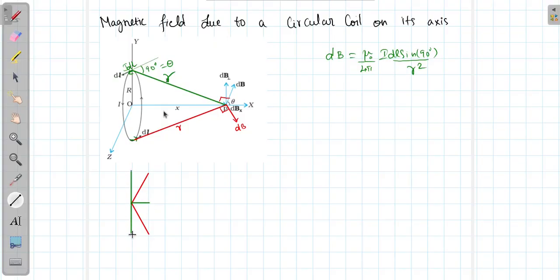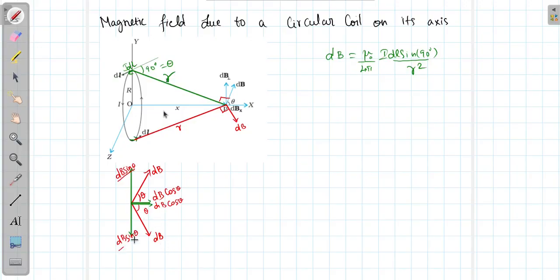The two dBs are resolved along the horizontal and vertical axes. This one is dB. They have taken angle theta here with the horizontal. So this one is dB cos theta, and here also it is dB cos theta. And these perpendicular components are dB sin theta and dB sin theta.